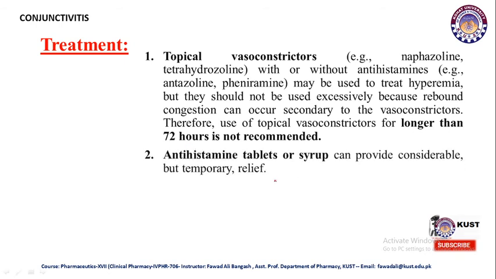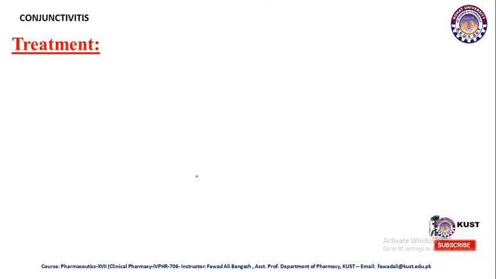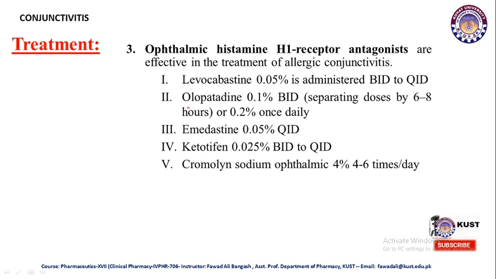Antihistamine tablets, because this is an allergic condition, so antihistamine tablets or syrups can provide considerable but temporary relief. Third, ophthalmic antihistamines like H1 receptor antagonists are effective in treatment of allergic conjunctivitis, like levocabastine 0.05% administered BID to QID, 2 times to 4 times a day.